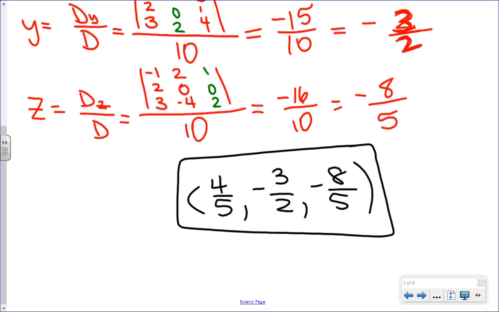Okay, let's talk about the benefits to this method. When we do algebra, when we have fractions, is it messy? It's messy, okay? If we are doing row operations to get an augmented matrix into row echelon form, are fractions messy? Oh, you betcha they are, okay?